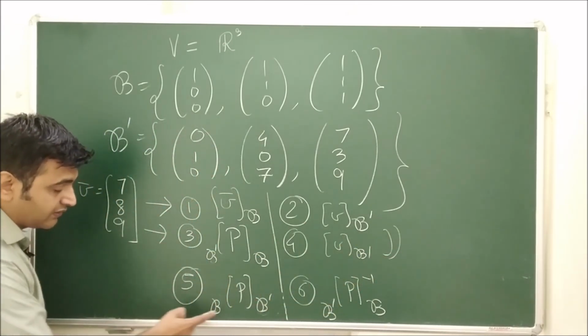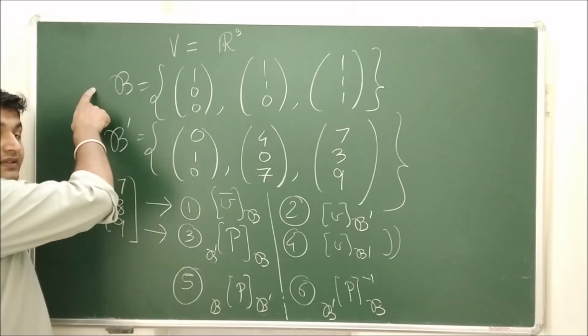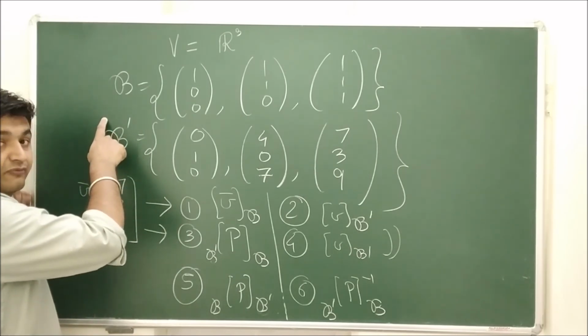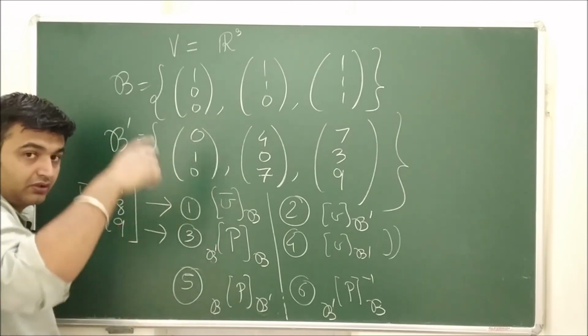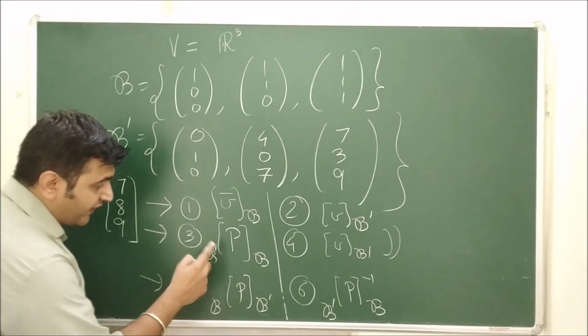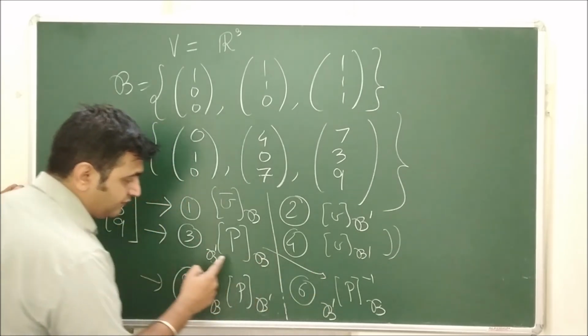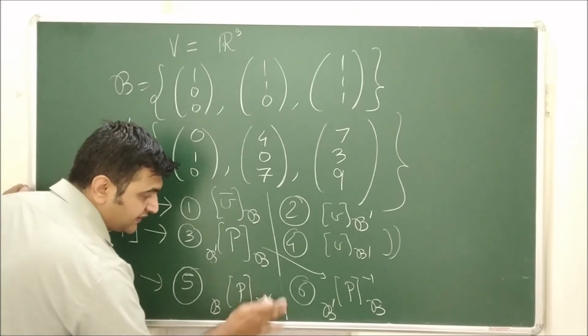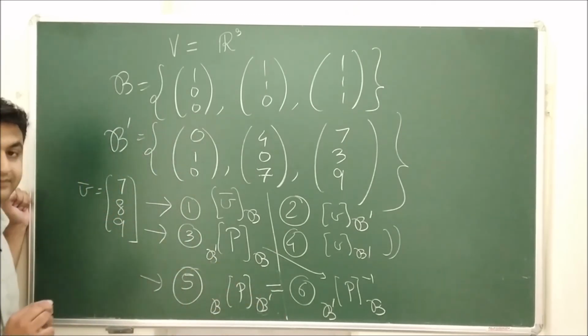Then you find the change of basis from B prime to B. That means write down the vectors of B prime as a combination of vectors of B and write down the coefficients column wise. That is the fifth one. And you also find the inverse of the change of basis matrix from B to B prime, and this should come out to be the same.